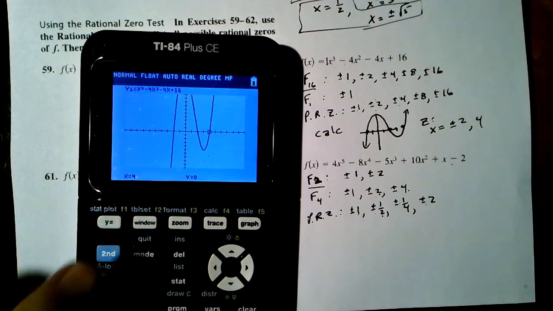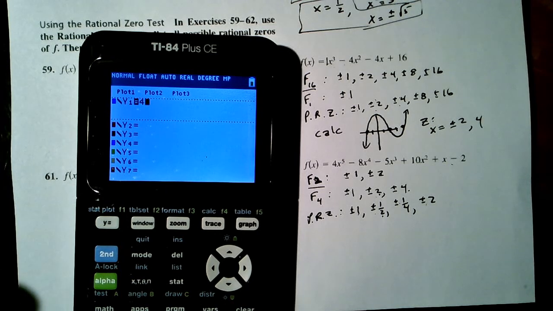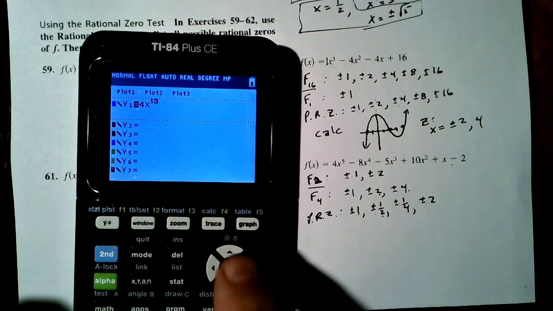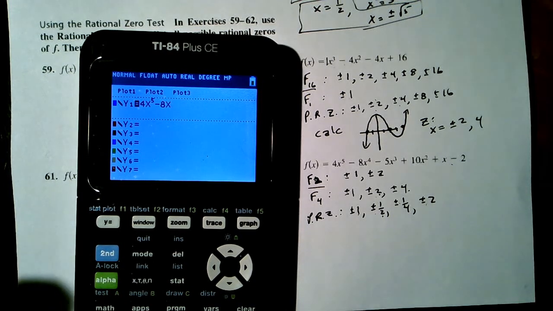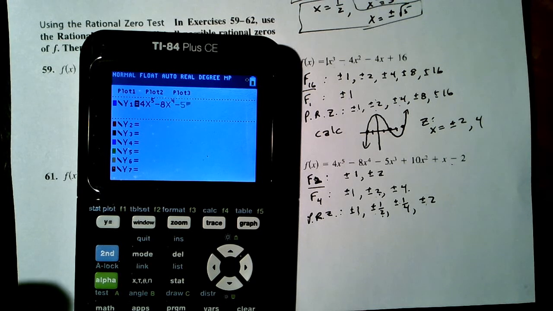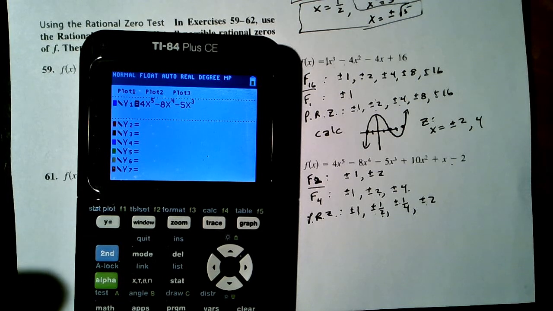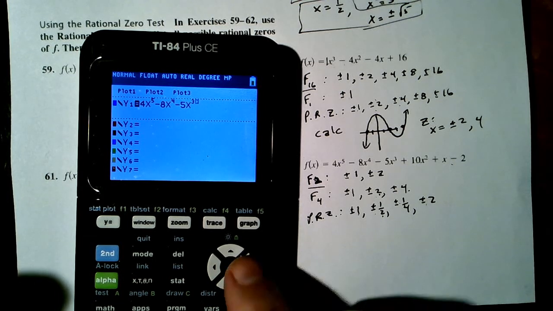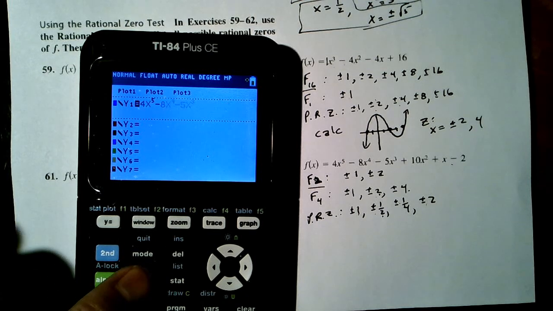So let's do it this way. Clear. We've got 4x to the 5th minus 8x to the 4th minus 5x to the 3rd, double checking all the way, plus 10x squared plus x minus 2.